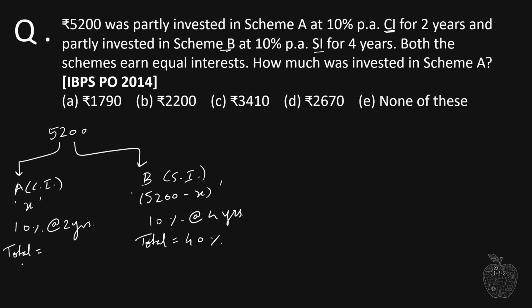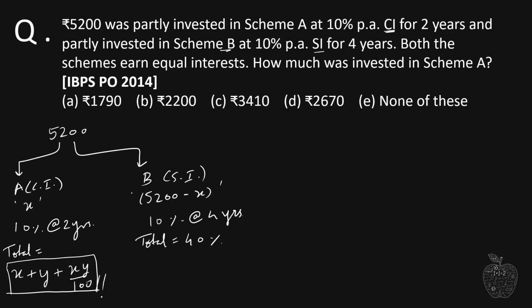We have to use the formula of what? Cumulative percentage here. The formula for cumulative percent is x plus y plus xy by 100. We have to use this formula in order to calculate the total interest here.